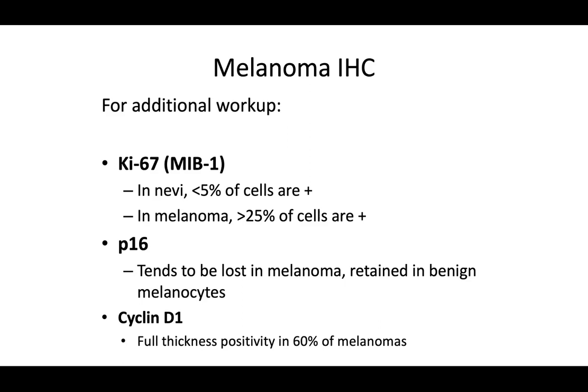So don't rely only on P16. Remember, I said P16 loss is more relevant in spitzoid neoplasms, and a loss of P16 is more worrisome. Cyclin D1 has been shown to show great full thickness positivity in 60% of melanomas. I personally do not use cyclin D1 in my workup of melanoma whatsoever.